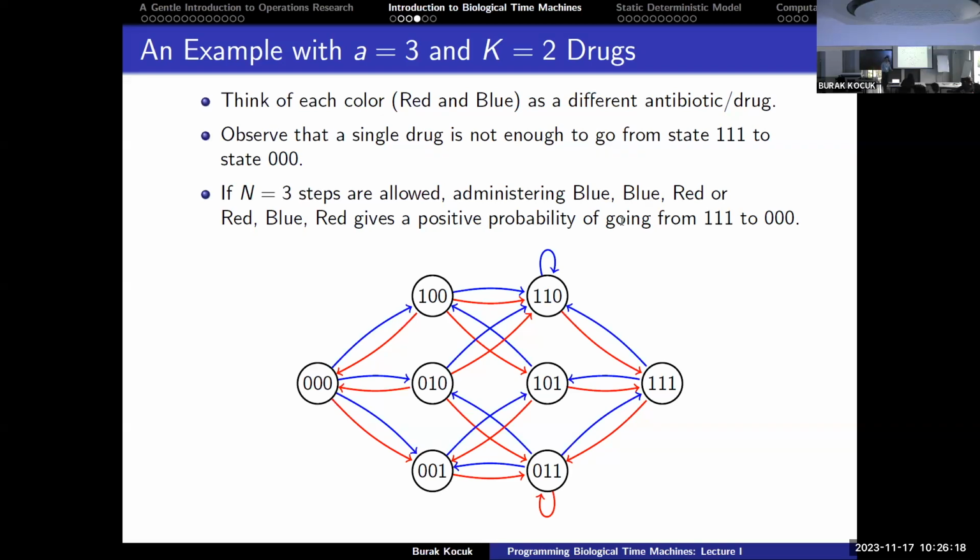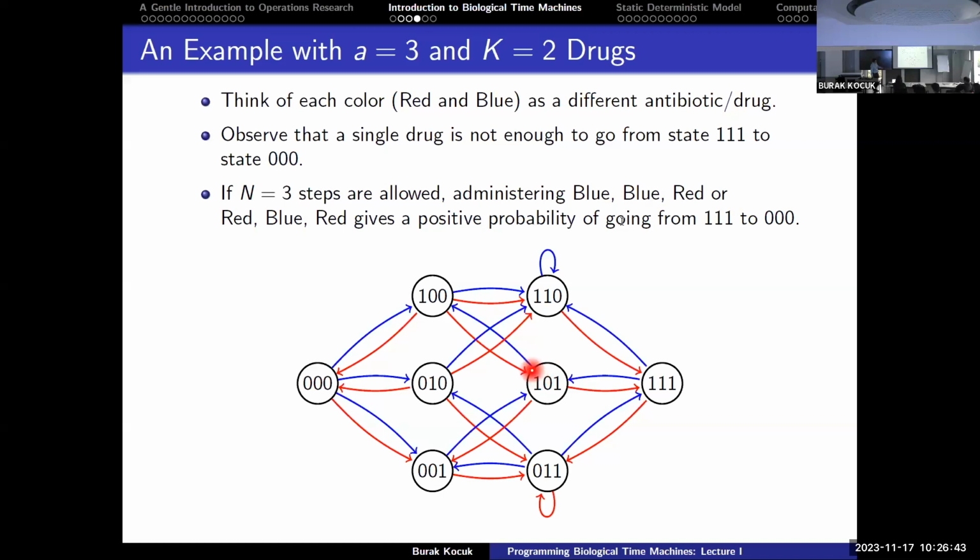But if you use them in a collaborative fashion, so to speak, you can. Here is one example. If you do blue, blue, red, then with some positive probability you can go to 000. For example, if you apply blue, with some probability you will get to here.